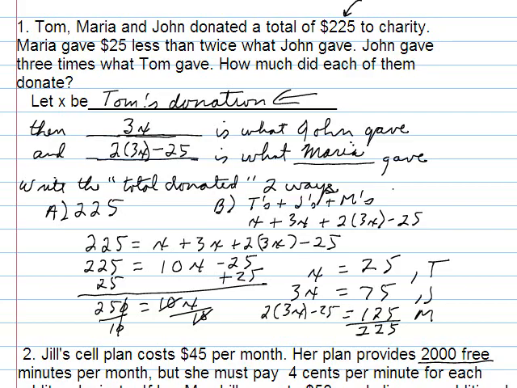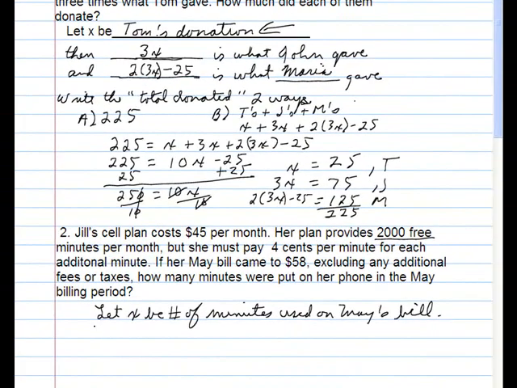So if x is the total number of minutes, then x minus 2,000 would be the number of minutes at 4 cents.